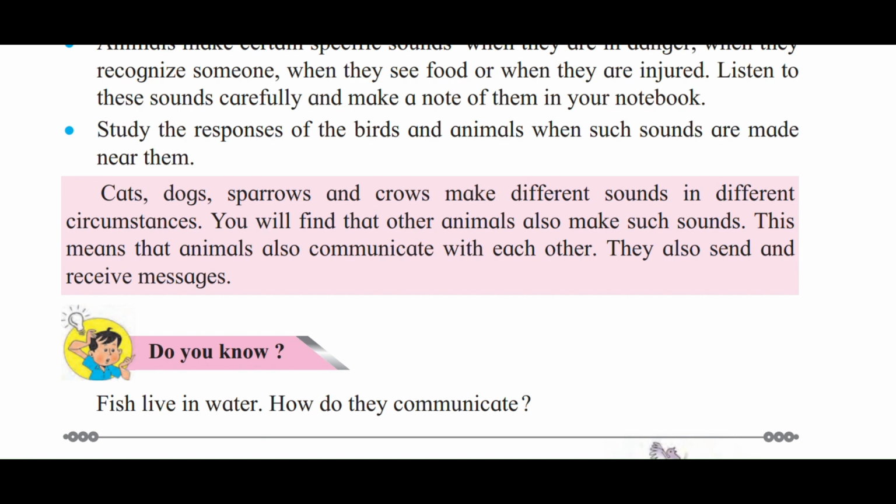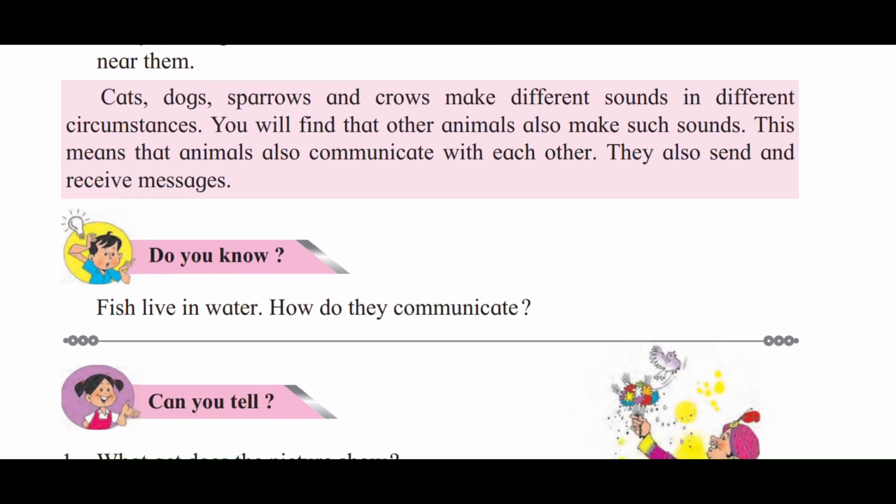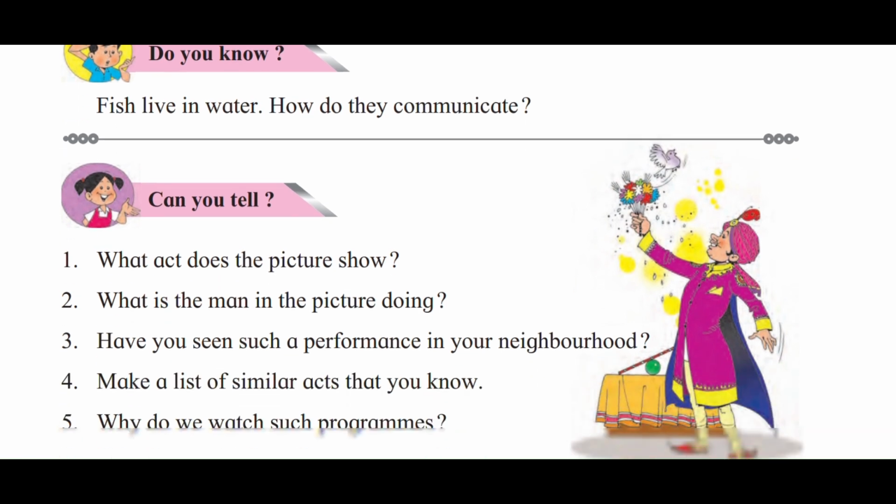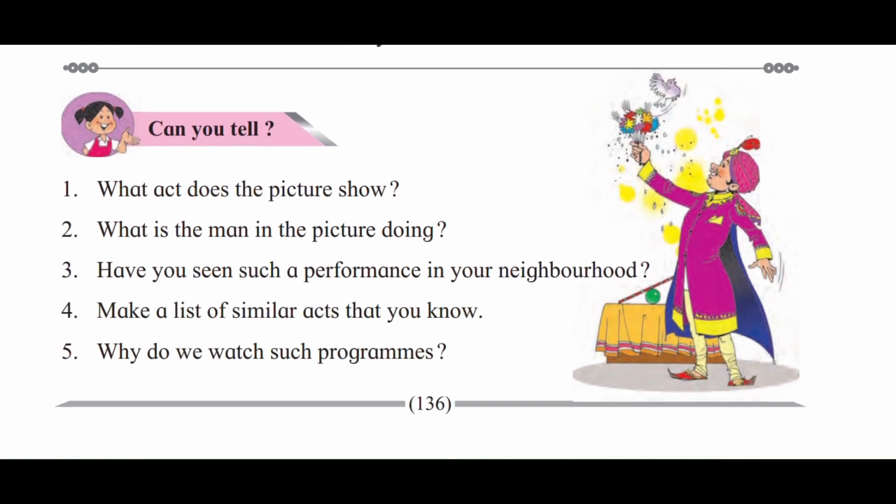Try this. Study the birds and animals in nature. See how they communicate with each other. Animals make certain specific sounds when they are in danger, when they recognize someone, when they see food, or when they are injured. Listen to these sounds carefully and make a note of them in your notebook.